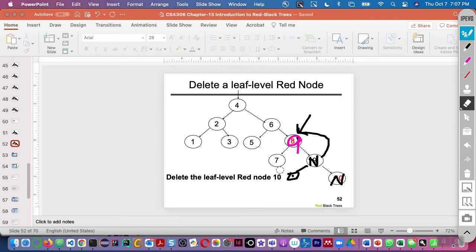Okay, so if it is a leaf-level node, then delete it right away. But if it is not a leaf-level node, then go to the upper level, delete it, then replace it by its predecessor. Okay, and it may happen that this is a very large branch with many sub-branches, then again you need to replace.